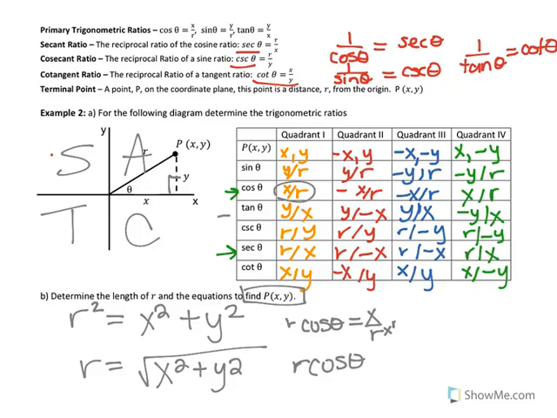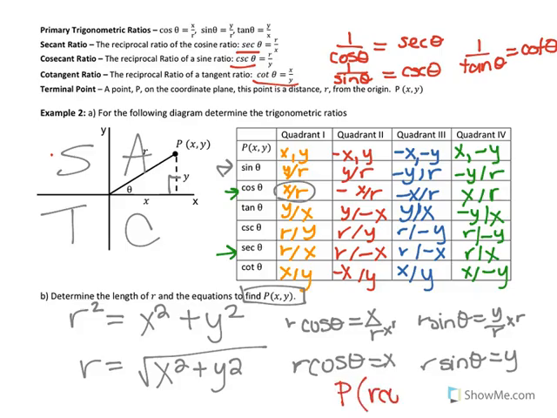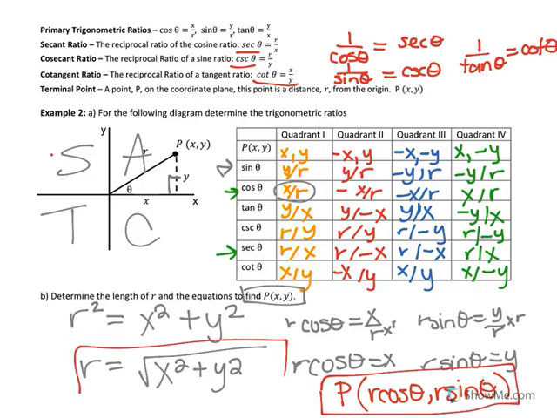If I wanted to find y, I would use sine. So sine theta equals y over r, and I'd multiply both sides by r. So r sine theta equals y. So we often use this to figure out the point. So it's r cos theta, r sine theta. You're probably going to want to remember this formula as well as this formula for later.